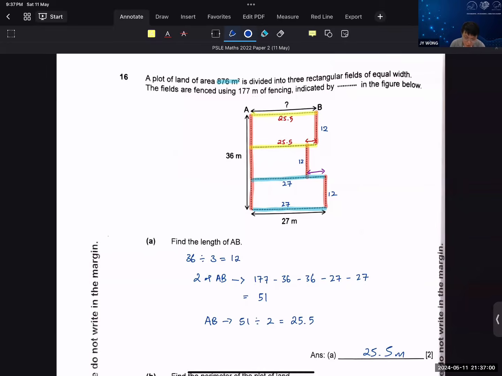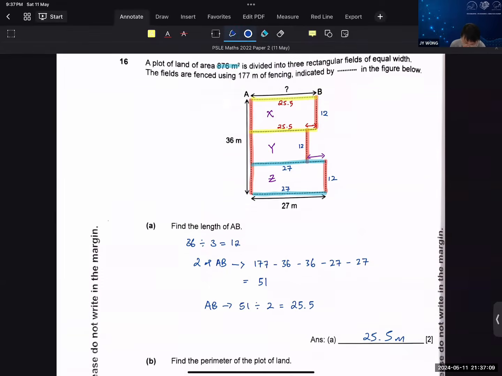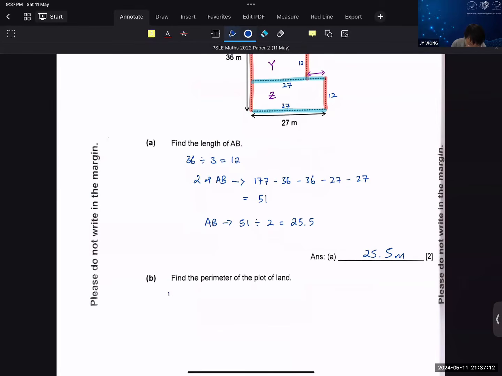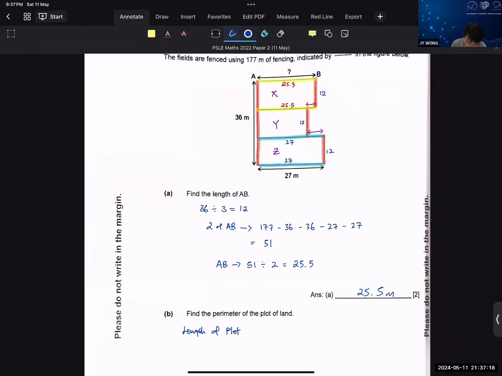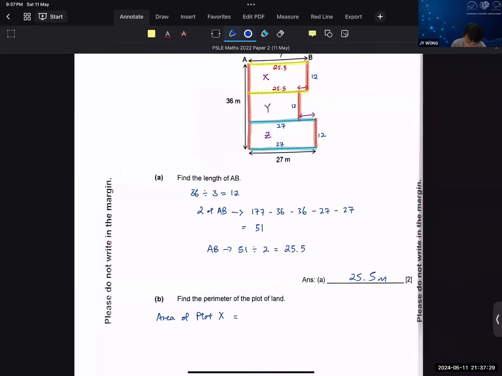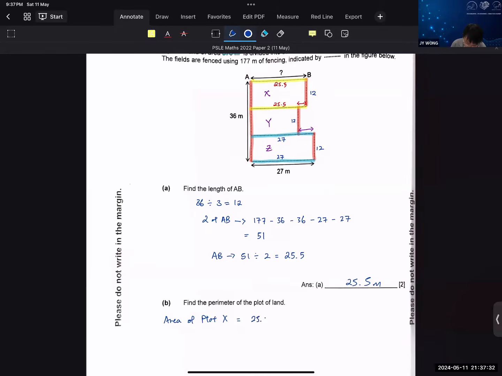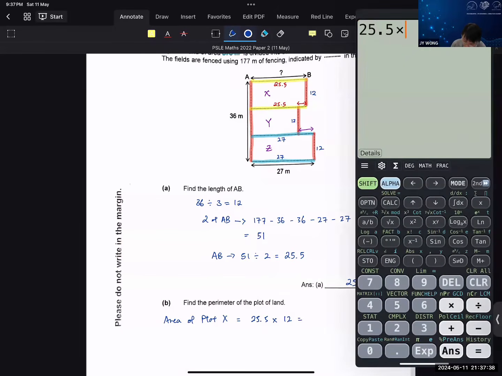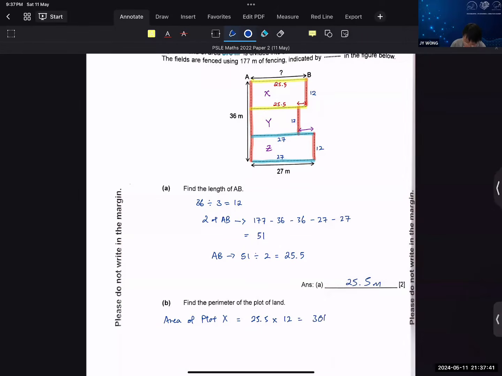You can find the area of each plot. So I'm going to label the plots X, Y, Z. Because we know the breadth, we can find the length of Y. So the area of plot X is equal to 25.5, which is your length, multiplied by your breadth, which is 306.